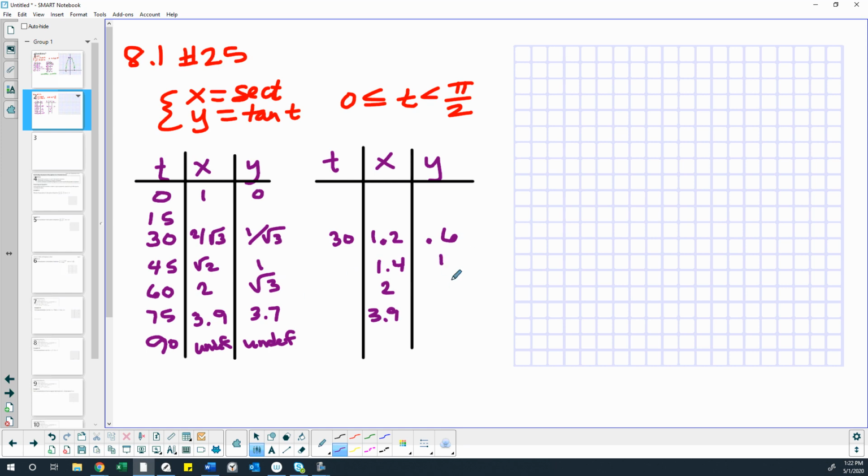And, oh, square root of 3 is just 1.7, right? We skipped 15. I don't know if we want to throw that in there. 0.27 for secant. Got it. Okay. Yeah, because secant should be above 1.